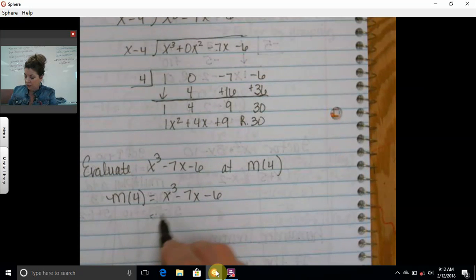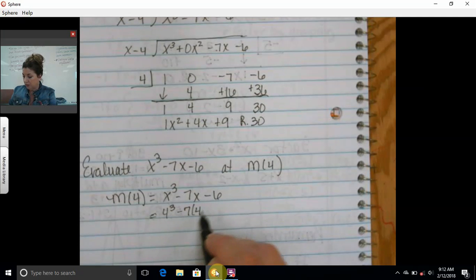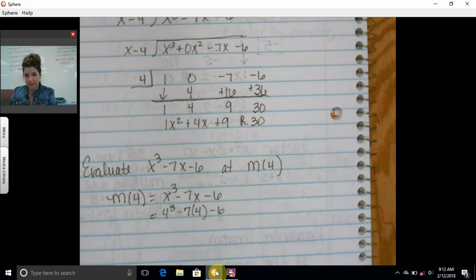So that would be 4 cubed minus 7 times 4 minus 6. What's 4 cubed? 64. Negative 7 times positive 4, negative 28, minus 6.